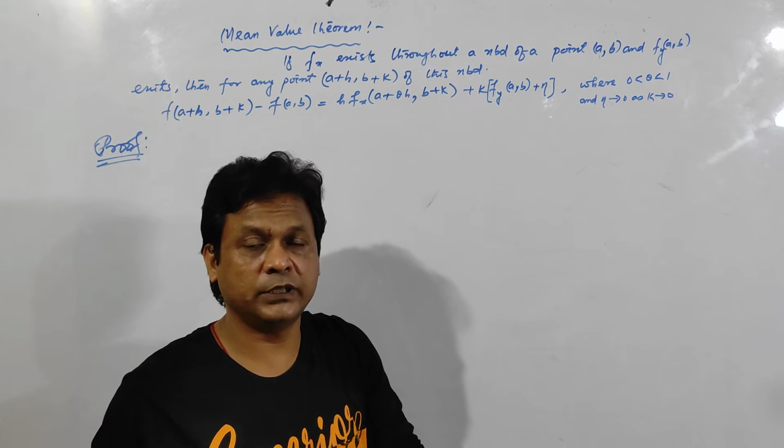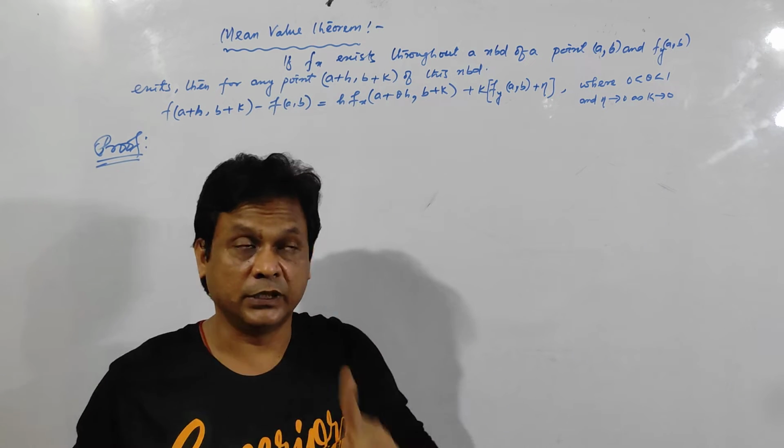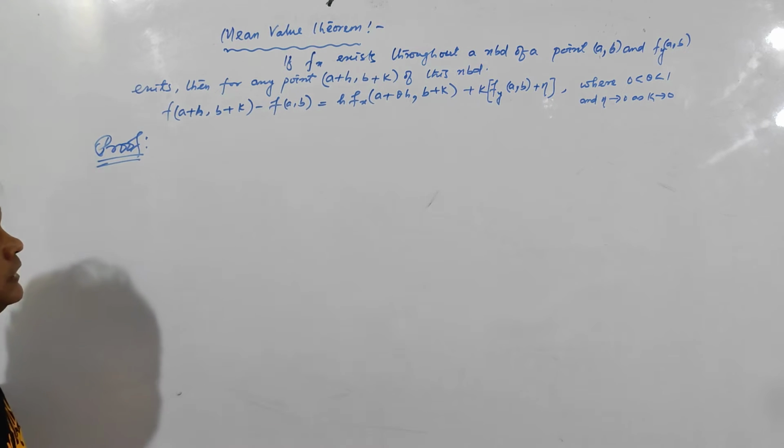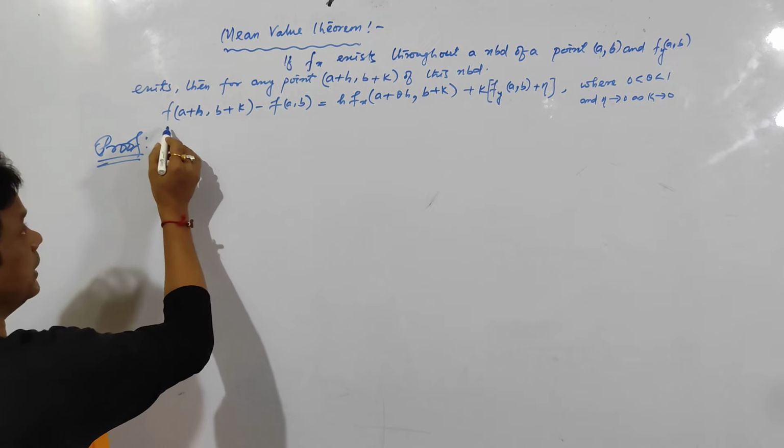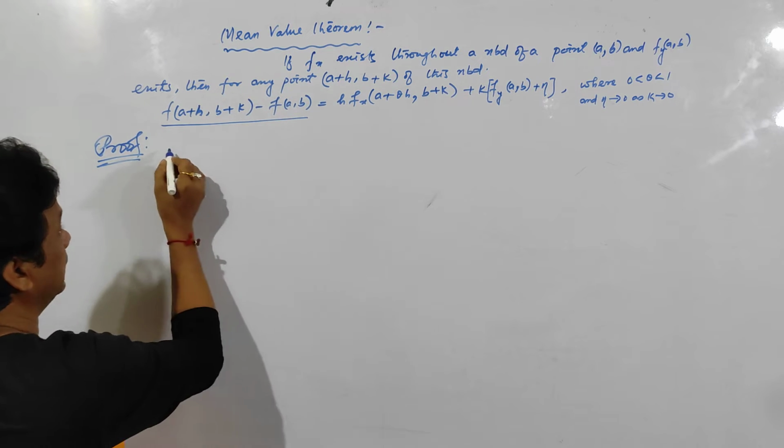So already I have told you the Lagrange mean value theorem for one variable. Now I am going to prove this theorem. See here. The left hand side is f of a plus h, b plus k minus f of a, b.